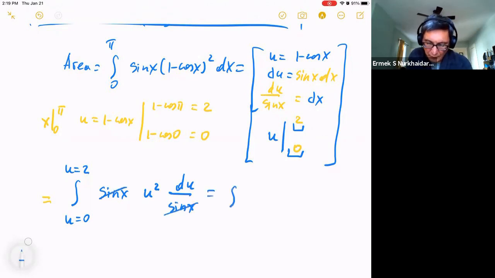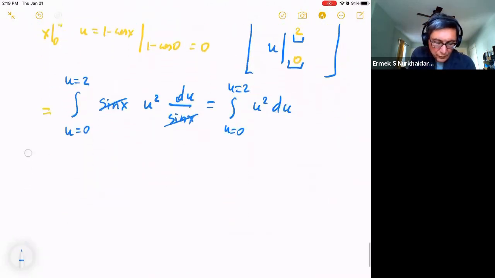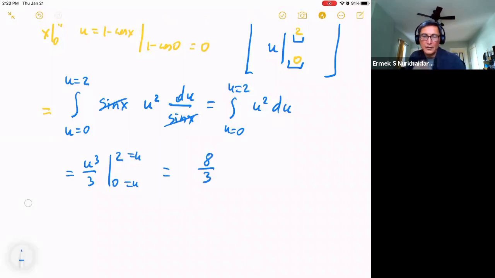So we get integral u equals 0, u equals 2, u squared du. So we're going to get u cubed over 3 from 0 to 2. So we're going to get 8 thirds as a final answer.